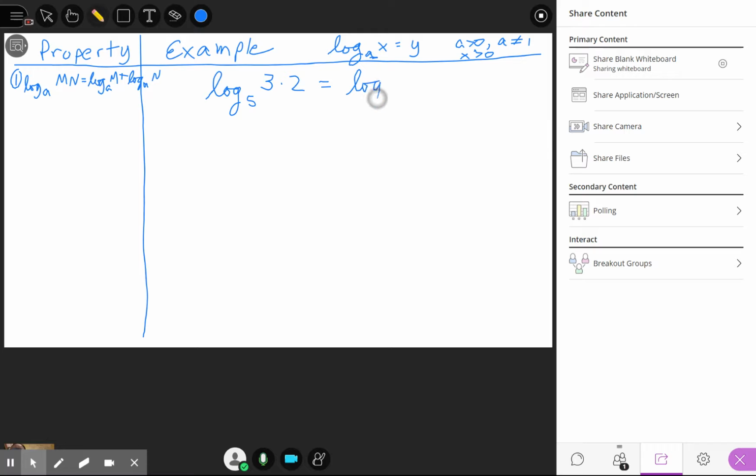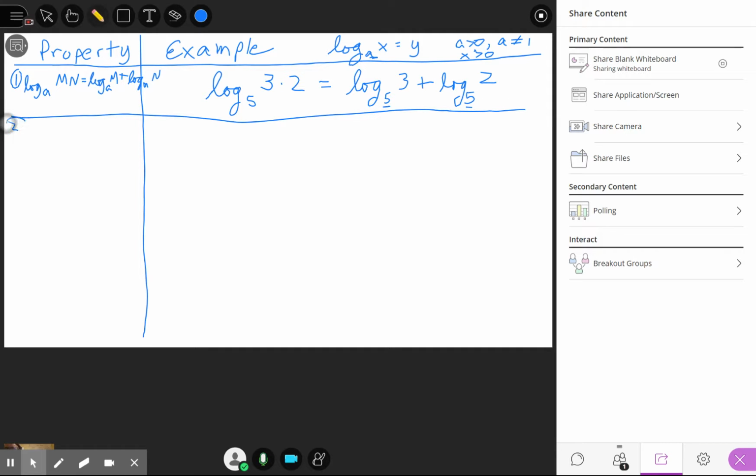That will be equal to log base 5 of 3 plus log base 5 of 2. Notice that the logs have the same base of 5 each time. Okay, so that was the product rule.